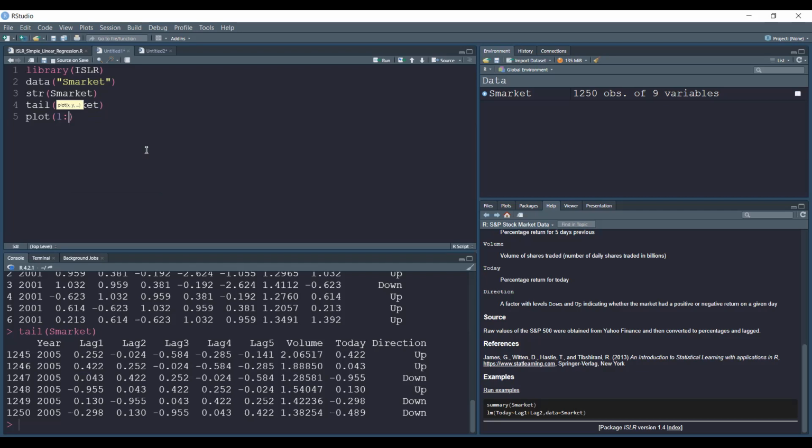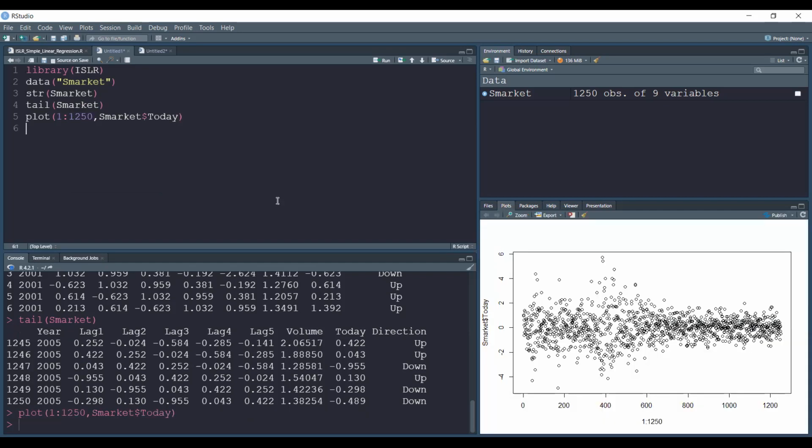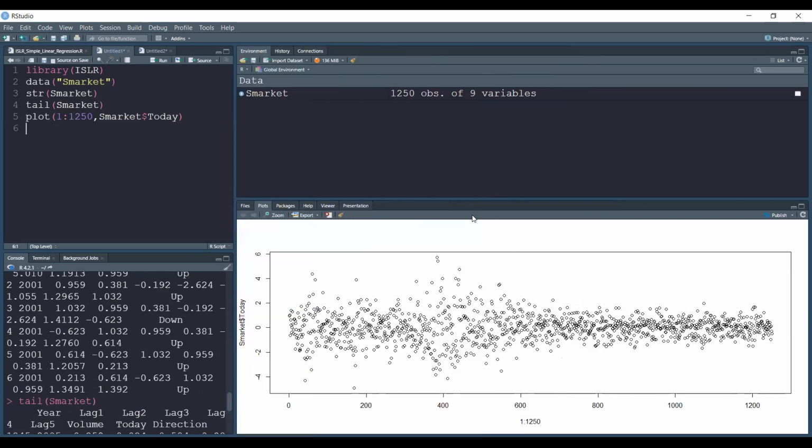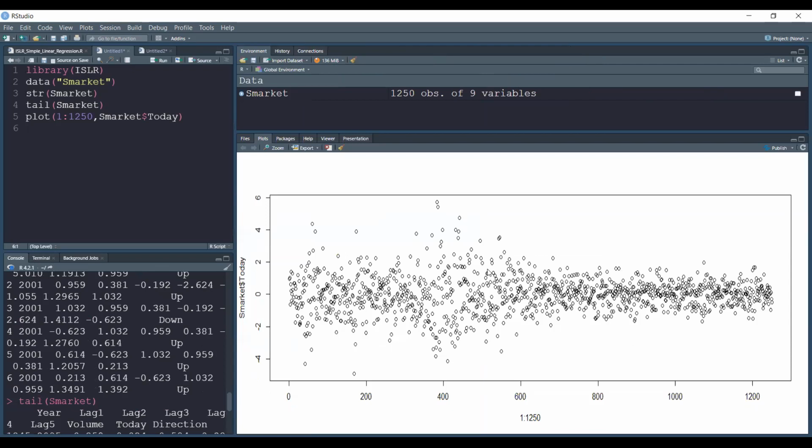Maybe 1 to 1250, and this. So this is the behavior of the S&P 500. We're not looking at any lags over here.